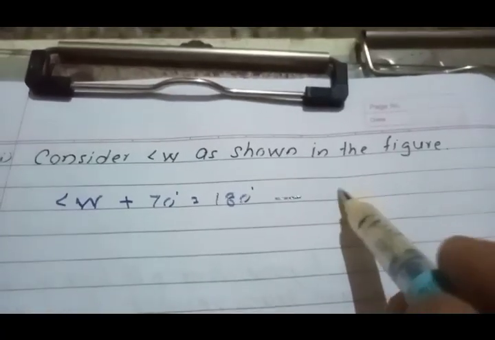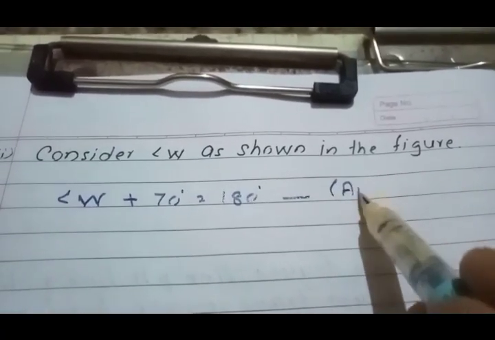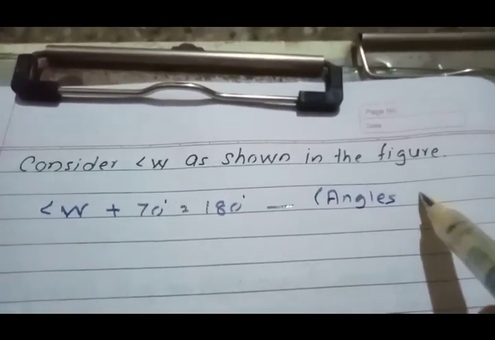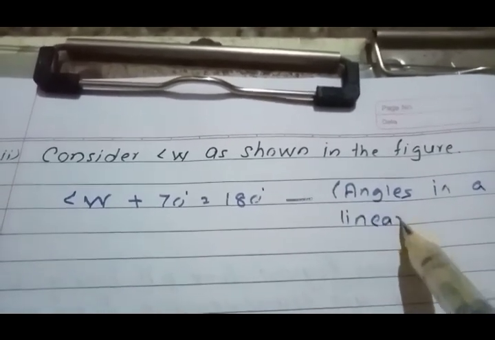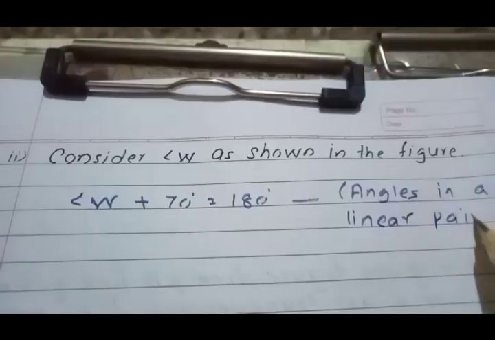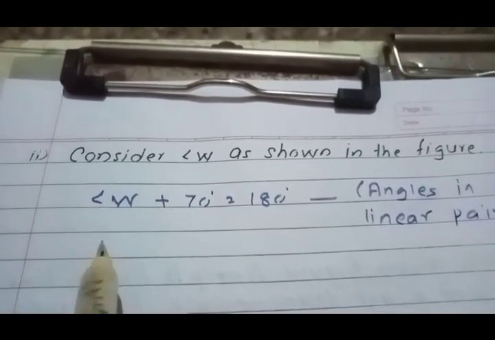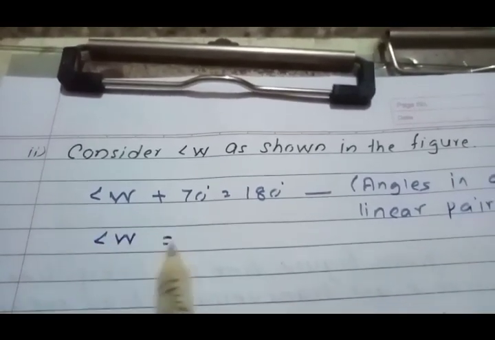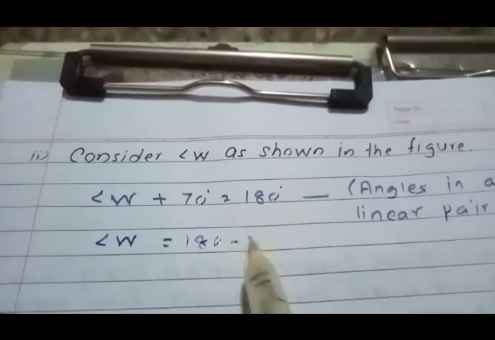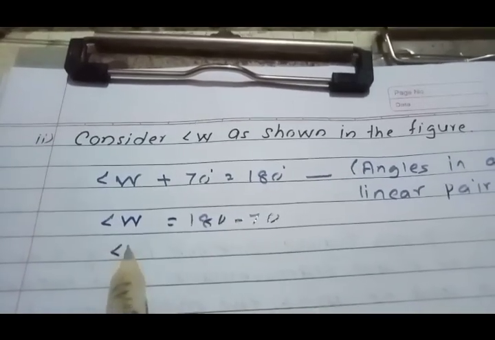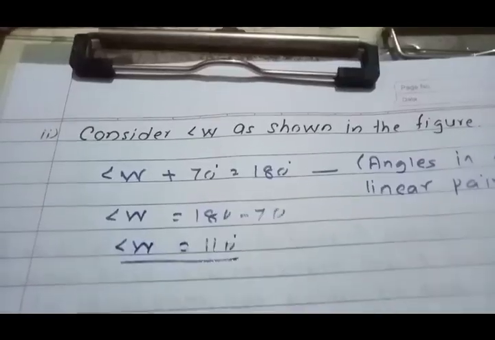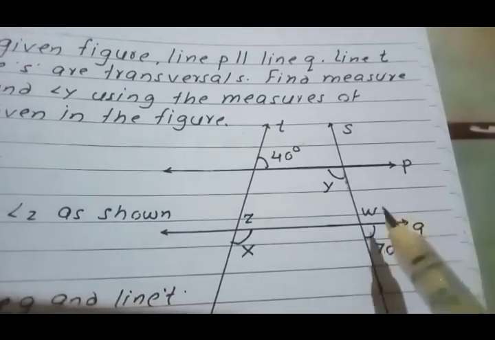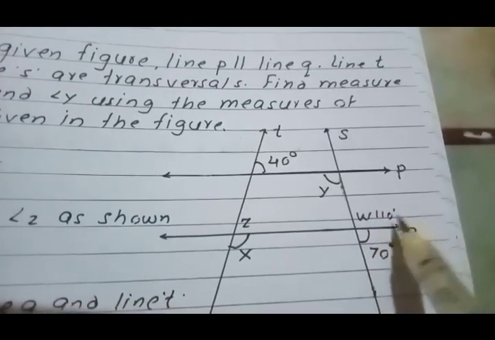Reason: angles in a linear pair. So angle W equal to 180 minus 70. So angle W equal to 110 degree. Here angle W 110 we find.